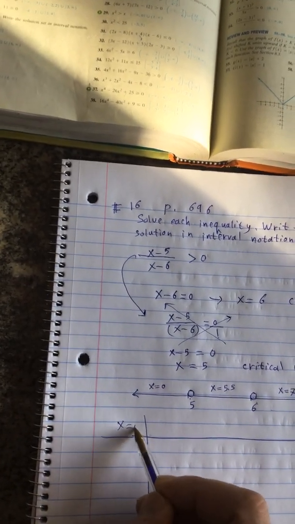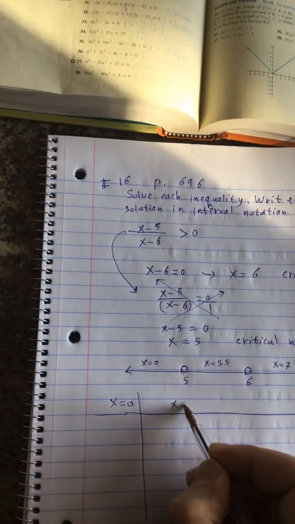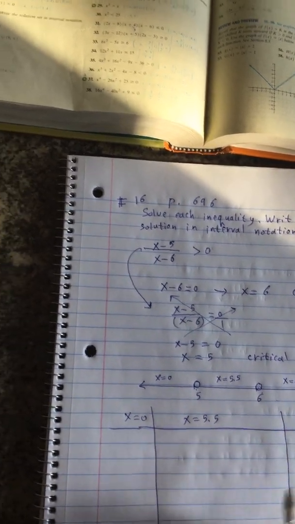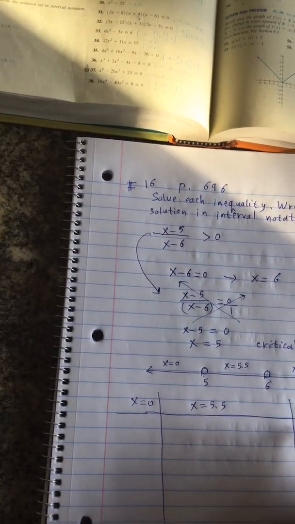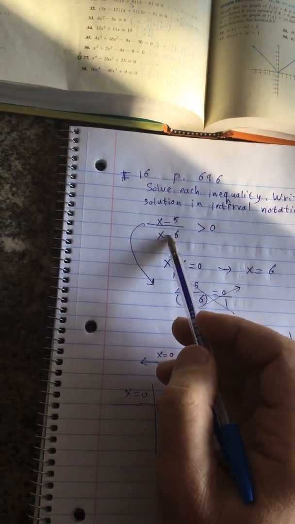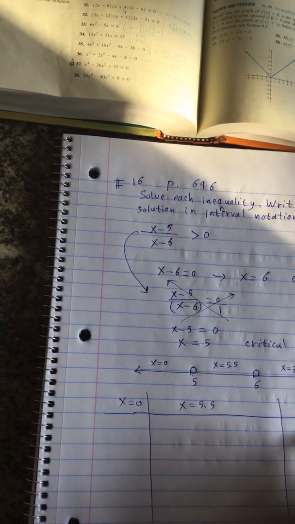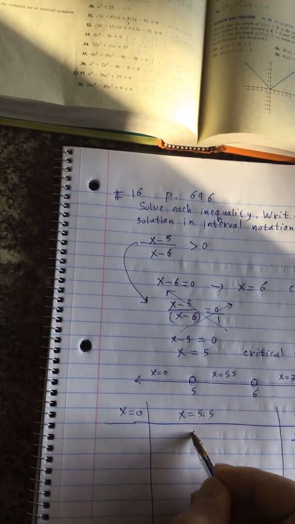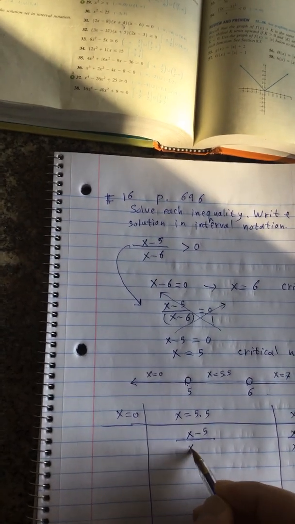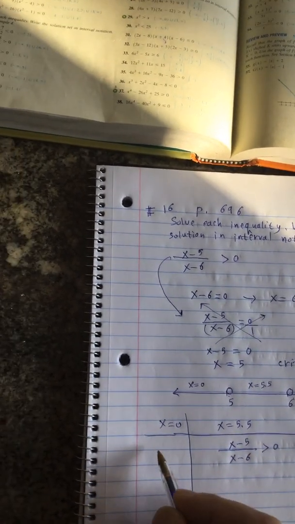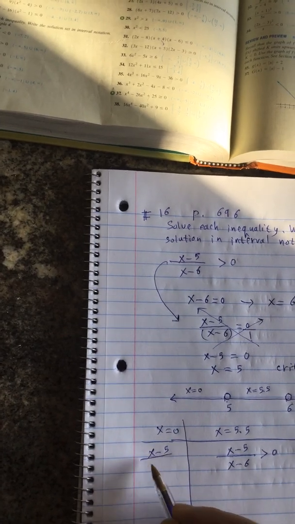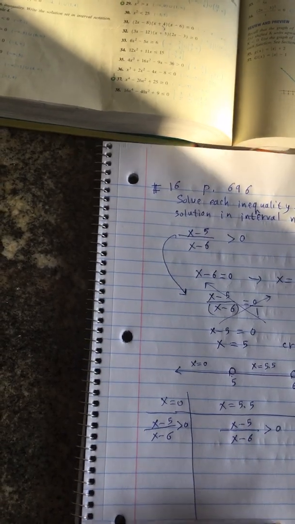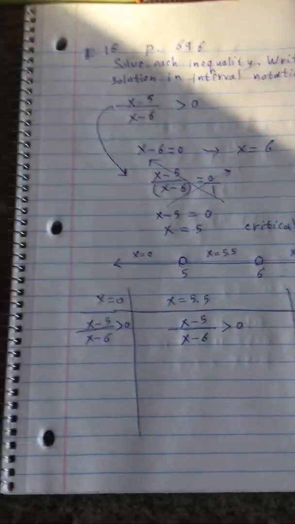So x equals 0, x equals 5.5, then x equals 7. The inequality is, x minus 5 over x minus 6 greater than 0. Similarly here, x minus 5 over x minus 6 greater than 0.